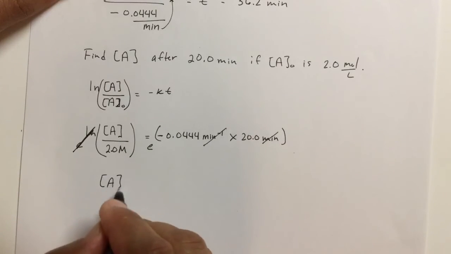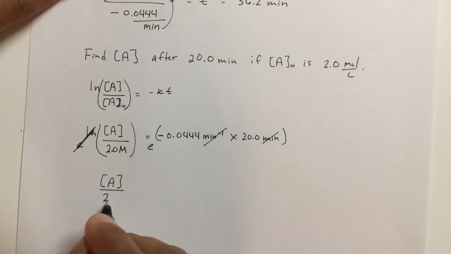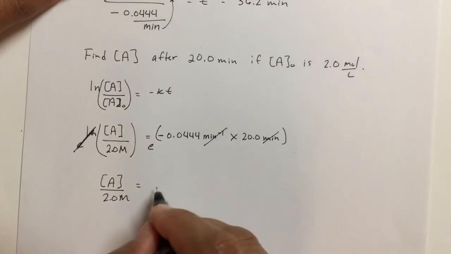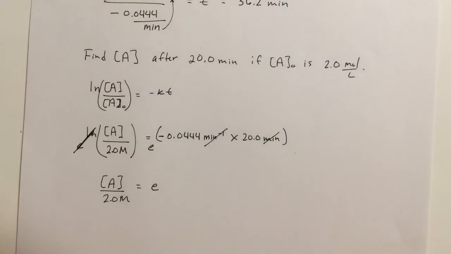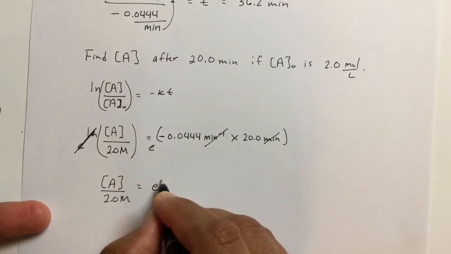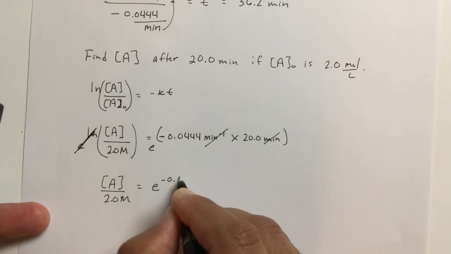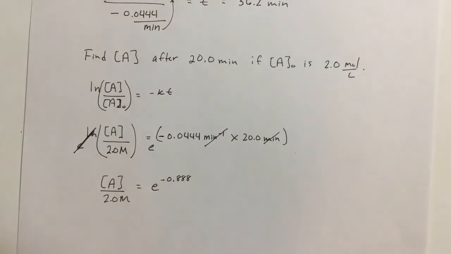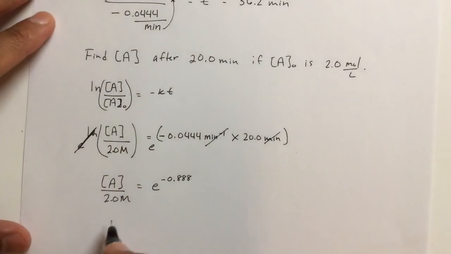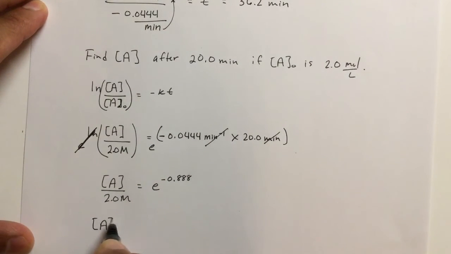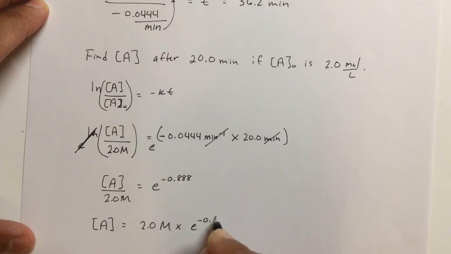So A over 2.0 molar is equal to e raised to the negative 0.888. So A, if we multiply this over, is 2.0 molar times e to the negative 0.888.